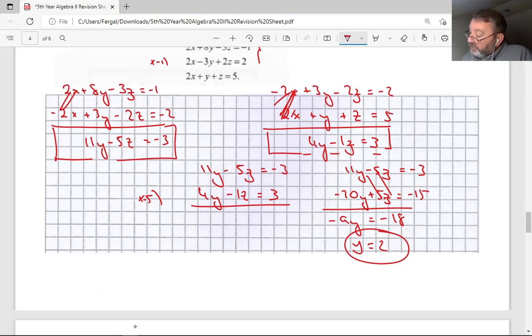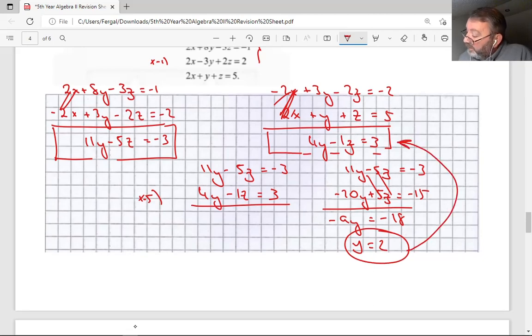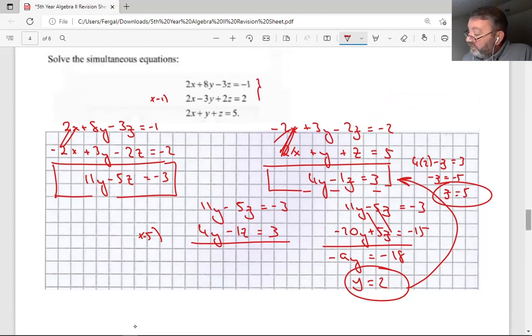No nasty fractions. Now let's work out what z is. So let's bring it back up here and stick y in. So we get 4 times 2 minus z is equal to 3. So minus z is equal to 3 minus 8, which is minus 5. So z is equal to 5. There's z. And then go all the way back to whichever equation you want at the very beginning.